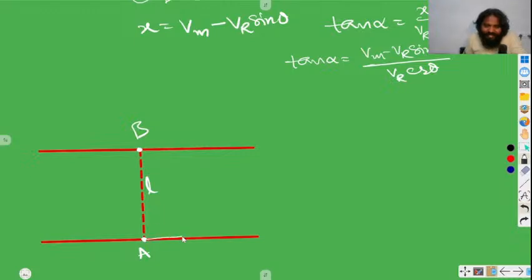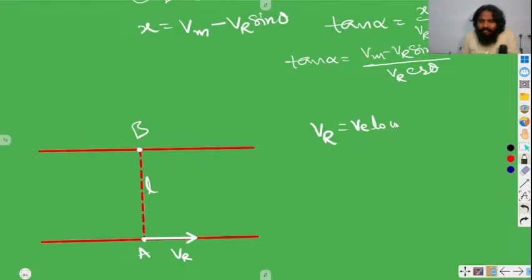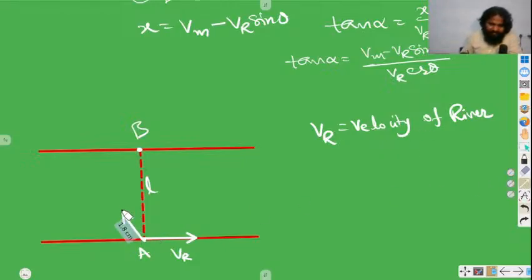Here this is nothing but the velocity of the river, VR. And this is the velocity of the boat with respect to the river, which is the same as in still water.